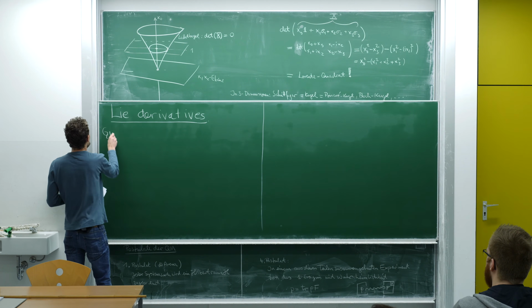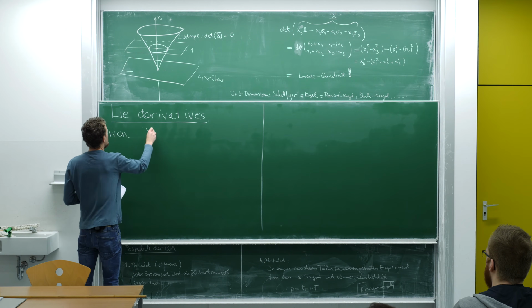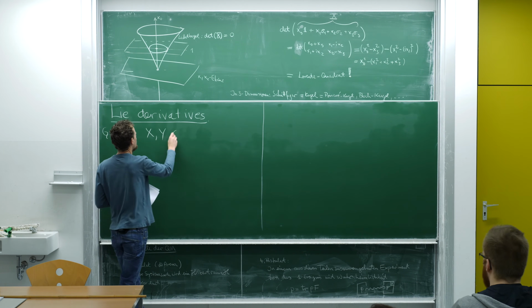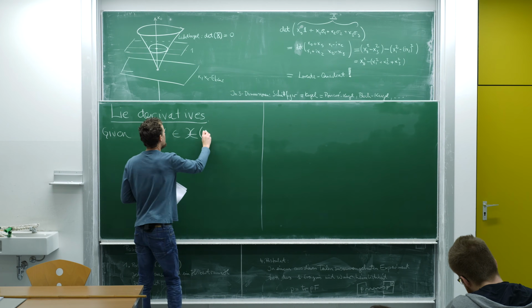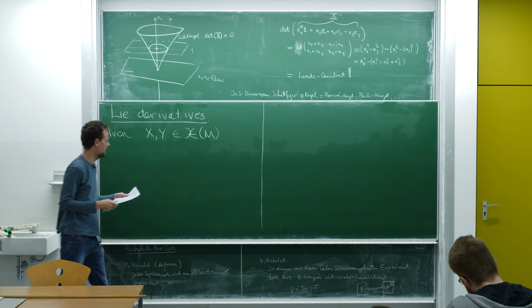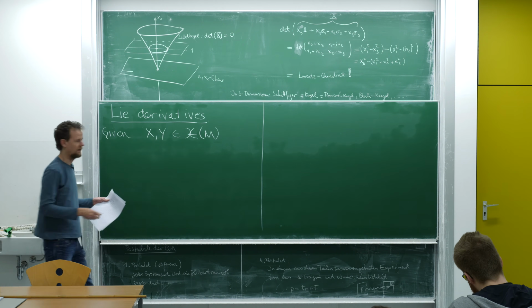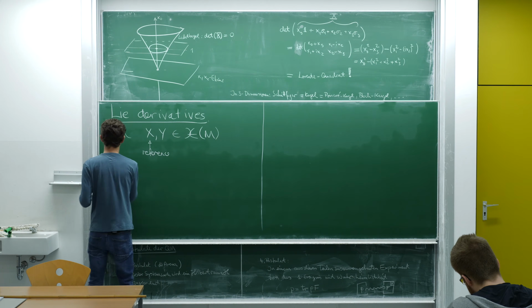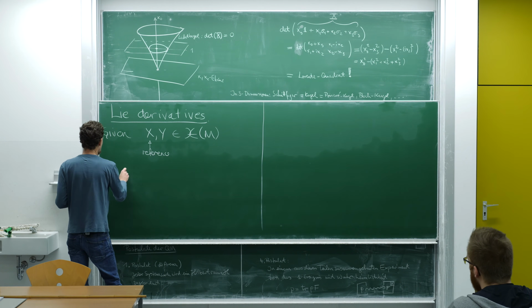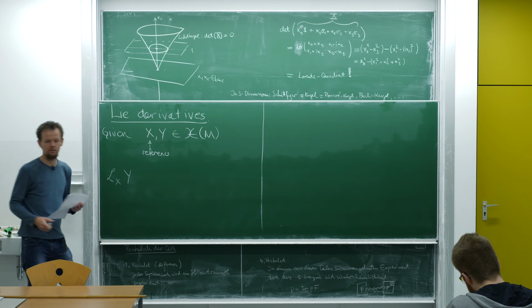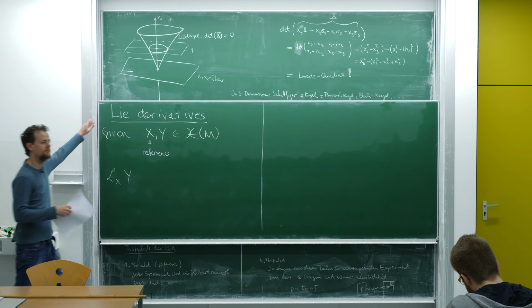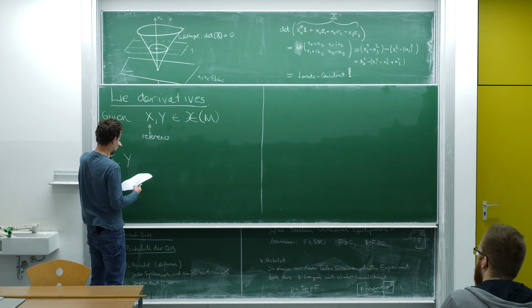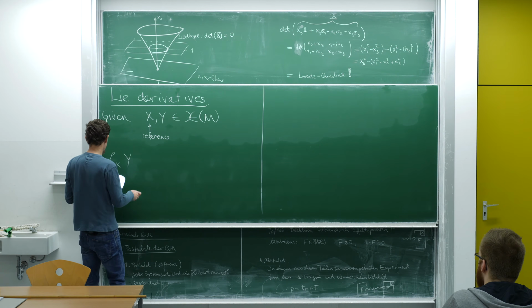So, given two vector fields, X and Y, on some manifold M, X being the reference vector field, we can define the Lie derivative of Y with respect to X according to the following formula.